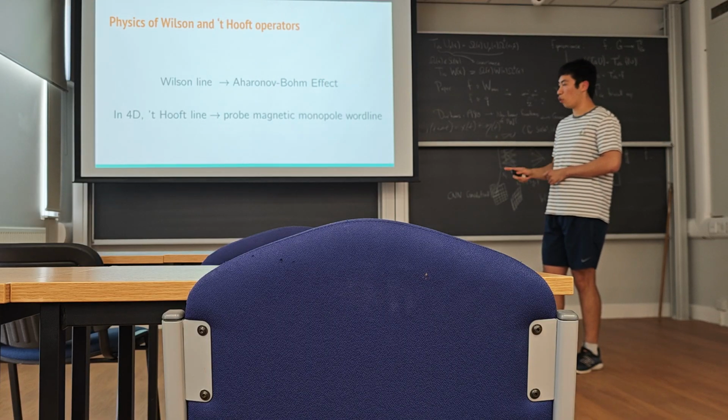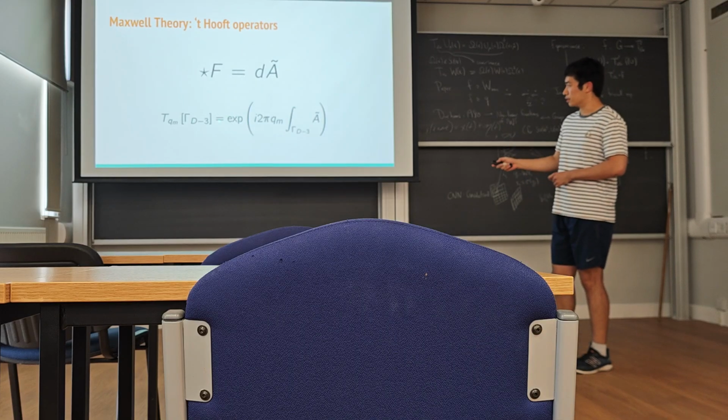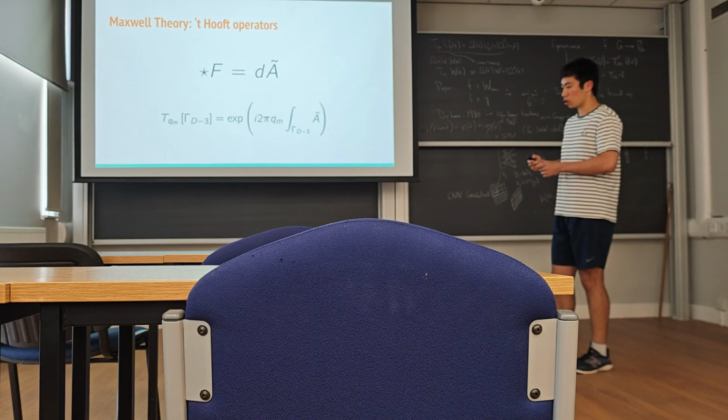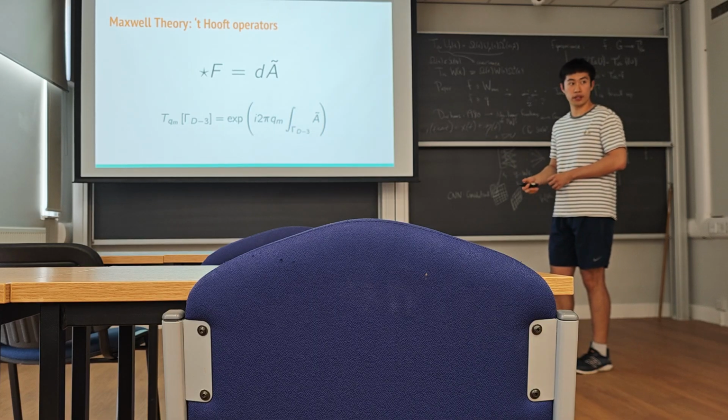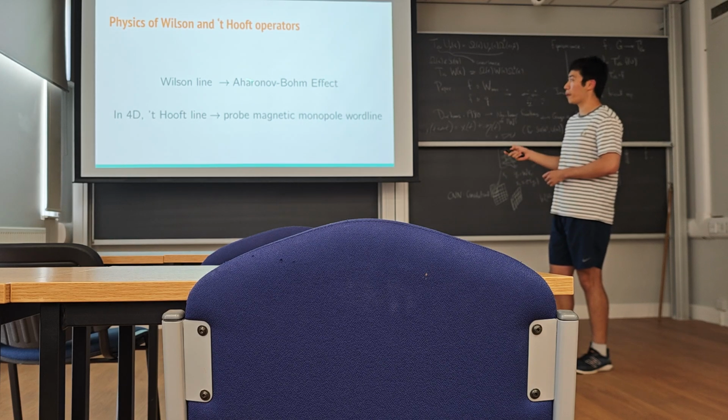And in the case of 4 dimensions, this d minus 3 becomes 1 as well. So your magnetic component also becomes a line operator. And actually this gives us a probe magnetic monopole, which is the magnetic monopole equivalent of the Aharonov-Bohm effect.